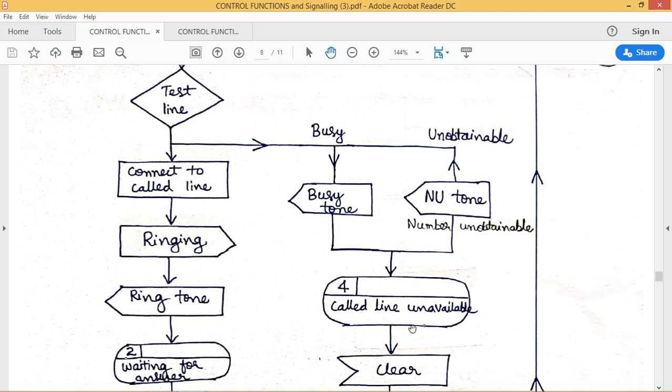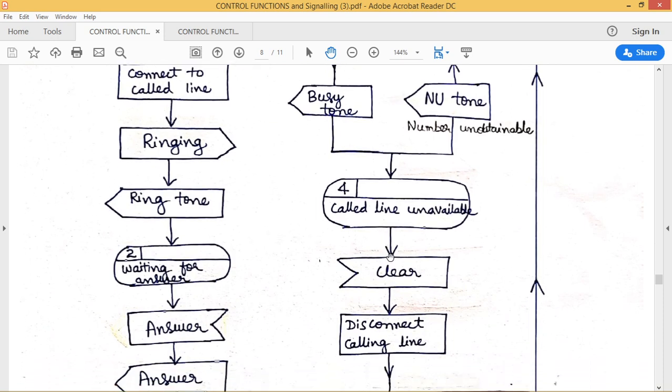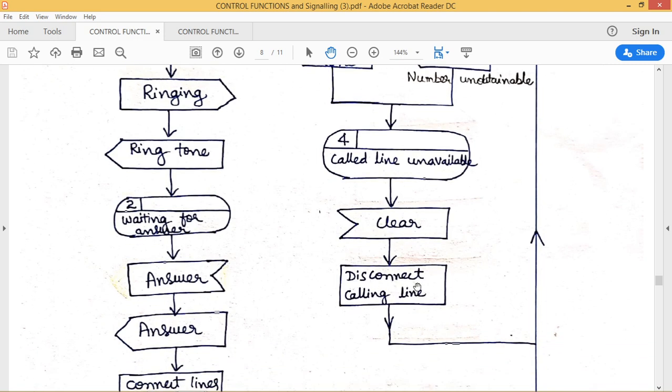This is what is called line is unavailable. Of course, once it goes to state 4, the exchange will send the clear signal. So that is the forward clear signal. Forward clear signal will be sent, and then disconnection will be made.